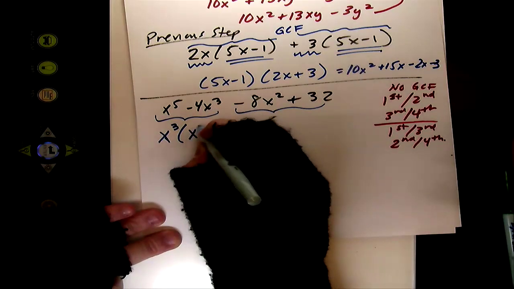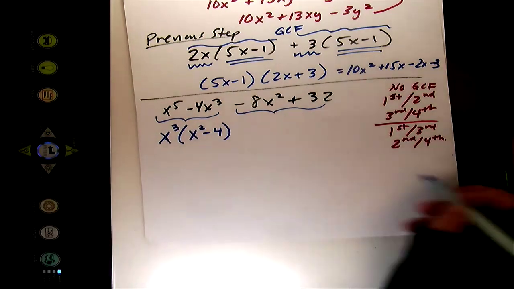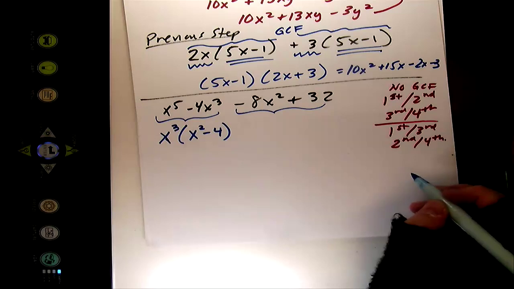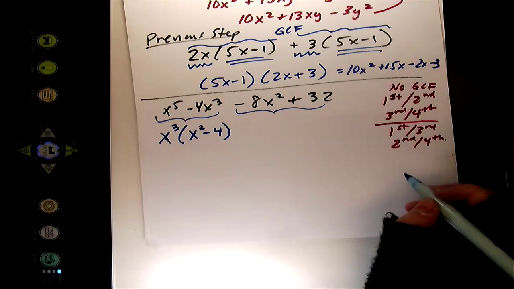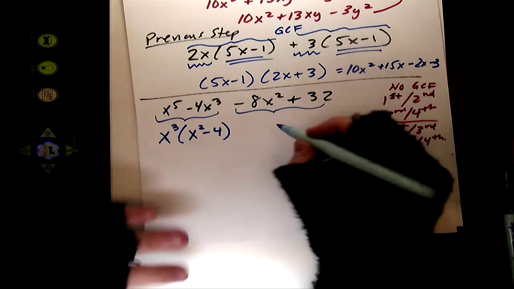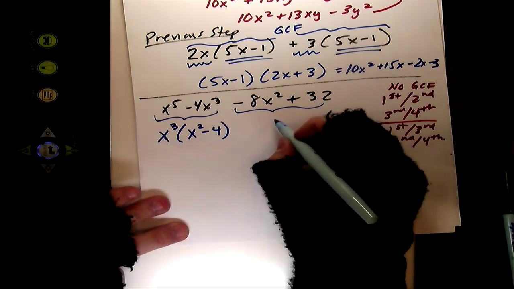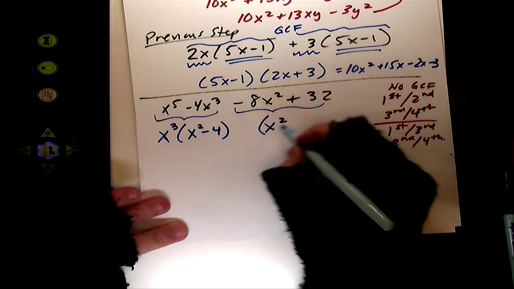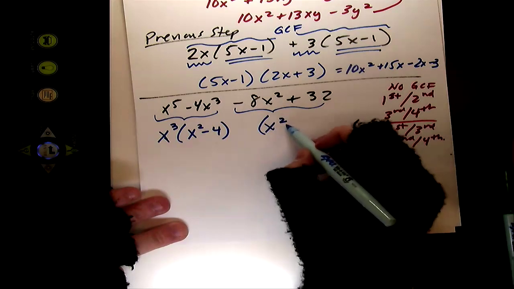I need an x squared minus 4 here for that. And ideally, I want another x squared minus 4.